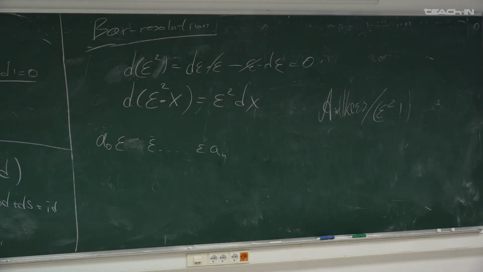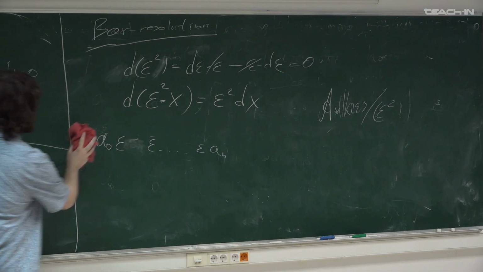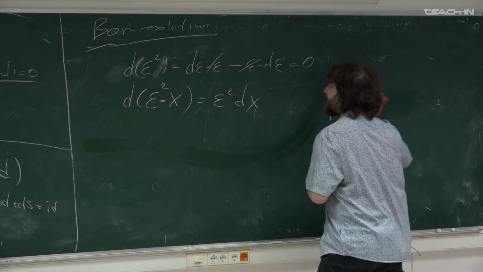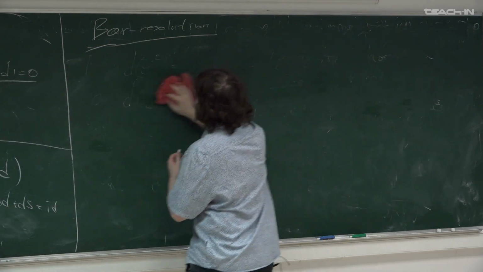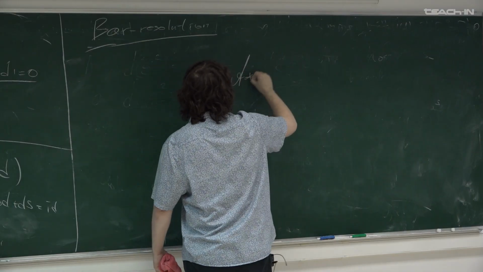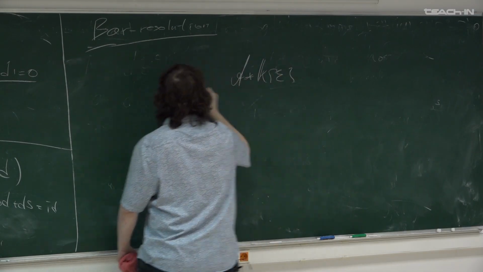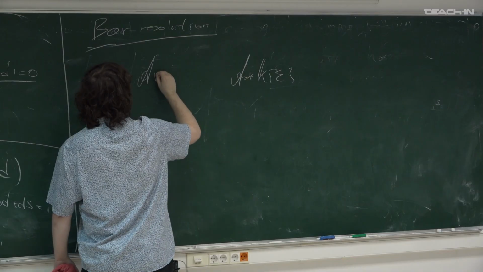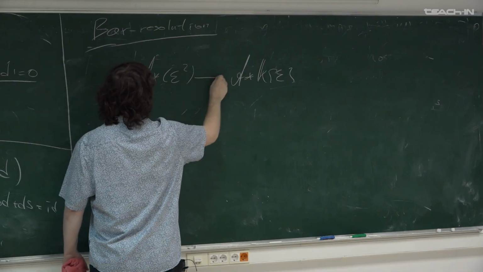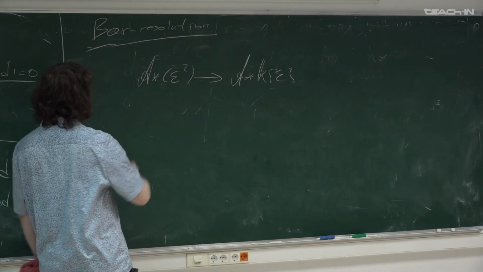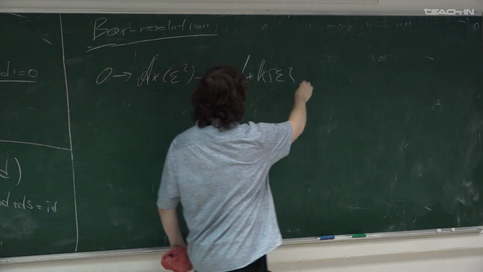Okay, now again, consider the following short exact sequence. I have my algebra, I have my ideal, which is a subcomplex, and the quotient.